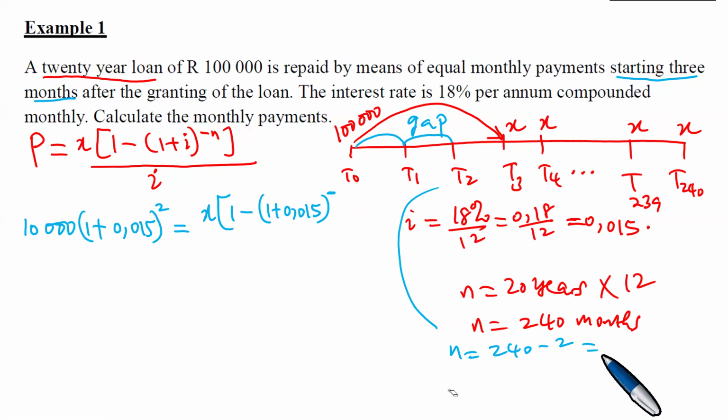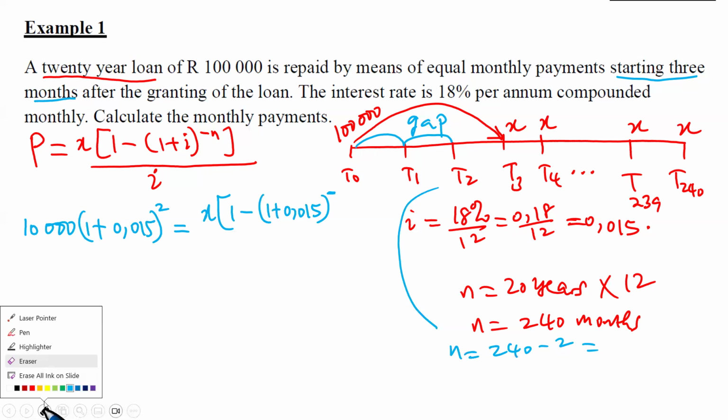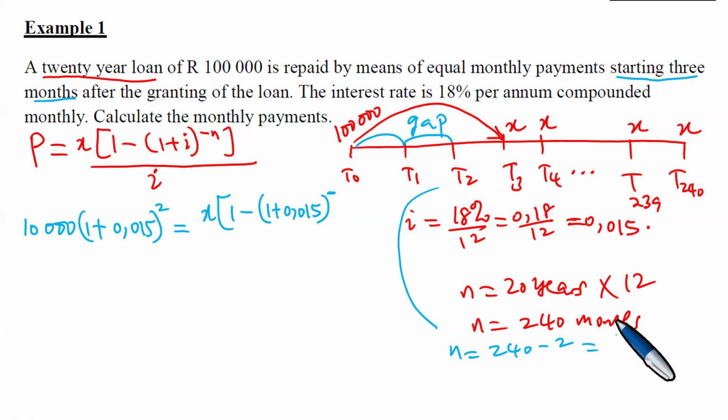Yes, please. I think it's 18%. You wrote 0.015. Yes, it is 18%, I agree with you. But remember, I used the 18%, but it's compounded monthly.